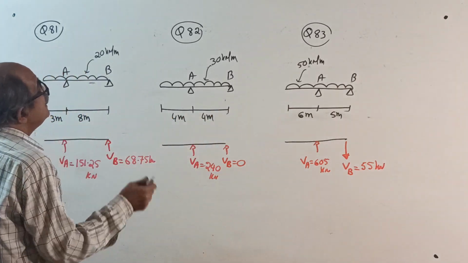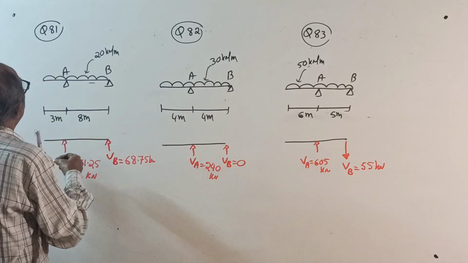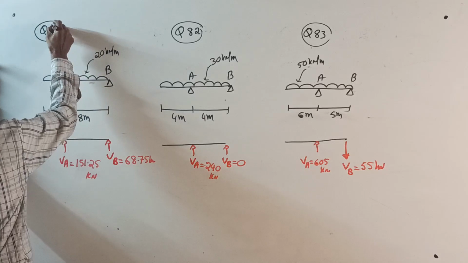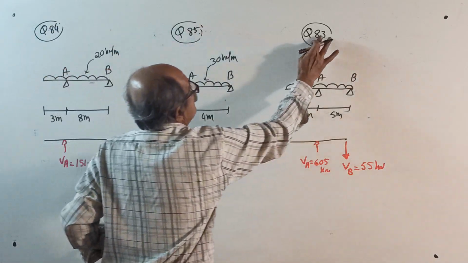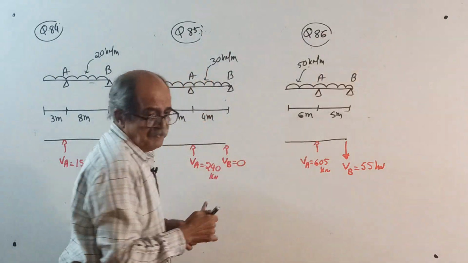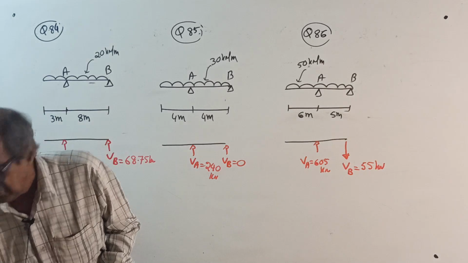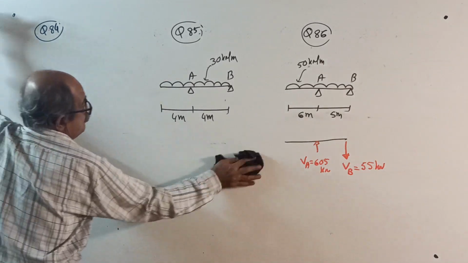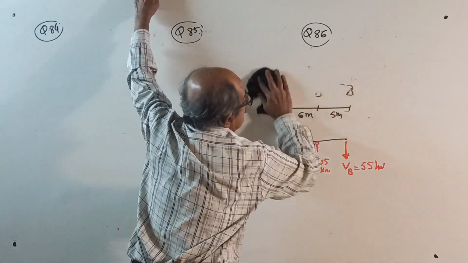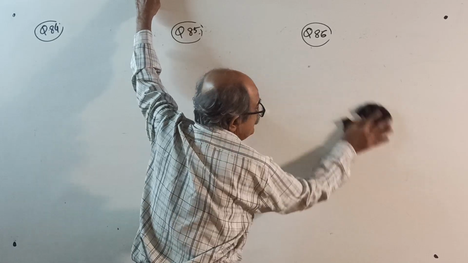Now 81, 82, 83, 84, 85, 86. Now I am changing the pattern. Now double overhang. Again, 3 questions will be there.